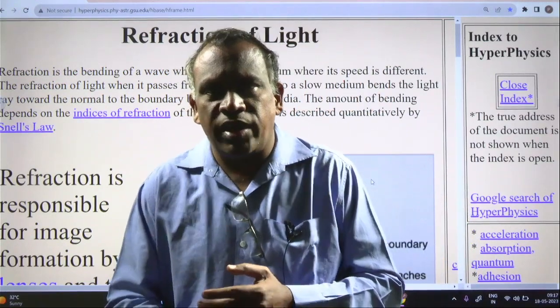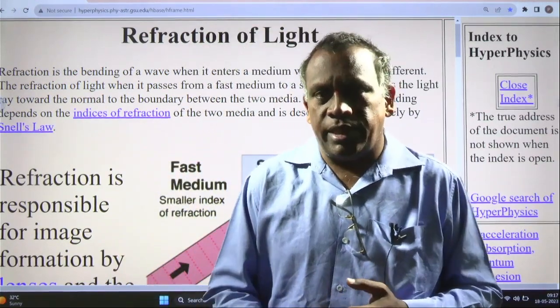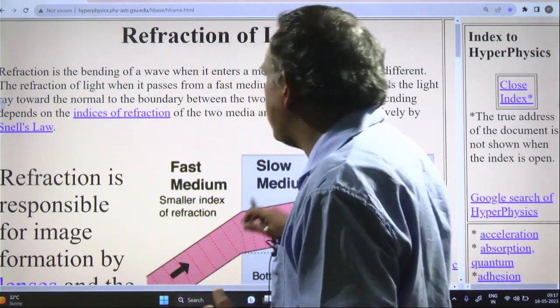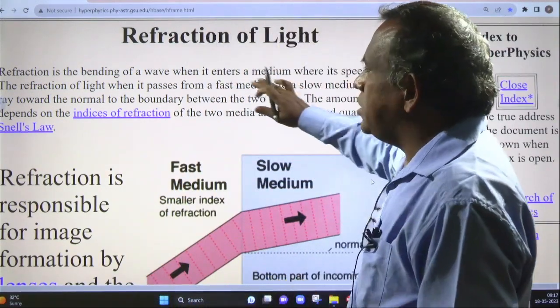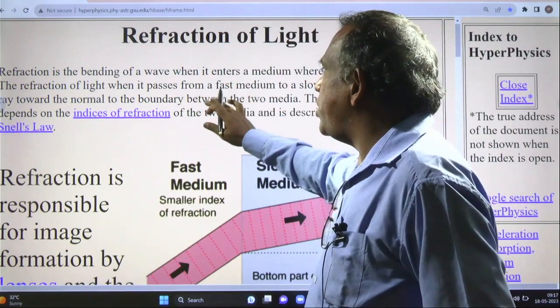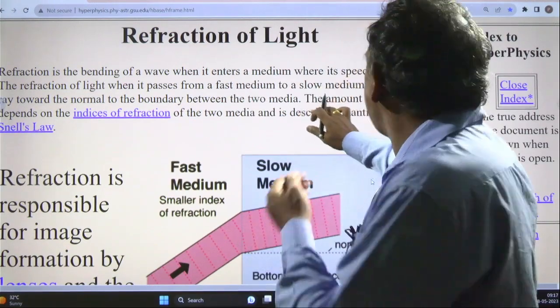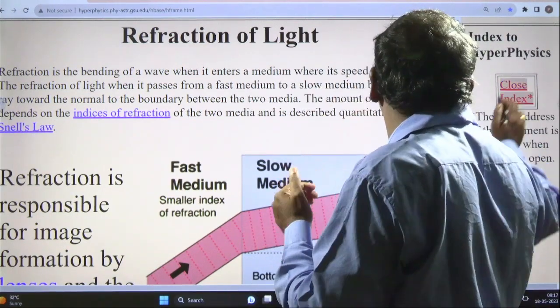See, the speed of light is different in different dispersive mediums. That's why refraction is the bending of a wave when it enters from one medium to another medium.